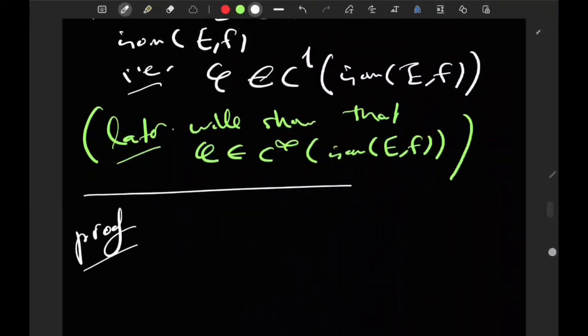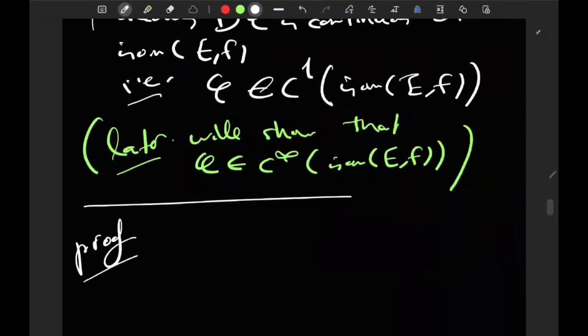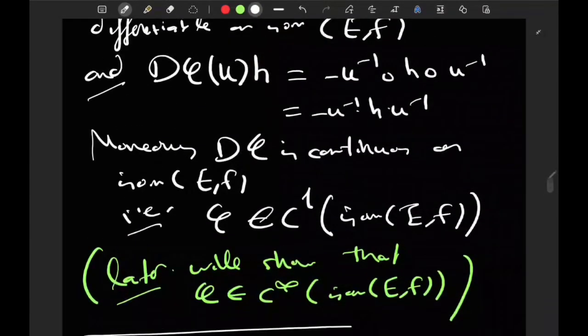First of all, let's try to construct dφ from scratch. Of course, in the statement of the theorem we are mentioning what dφ is, and if it makes you comfortable, you can just prove the theorem using this expression.